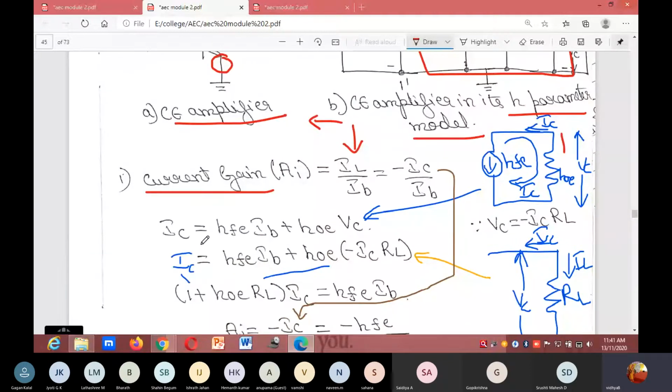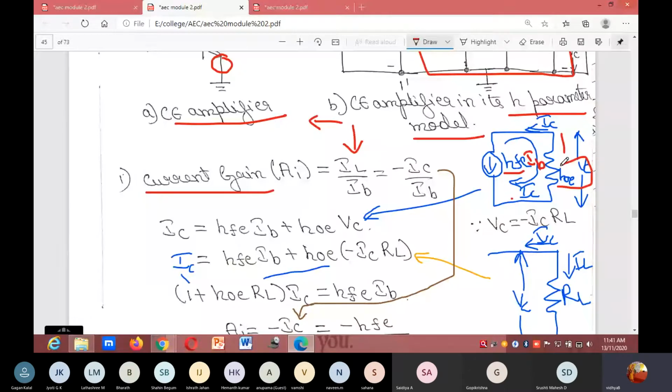Next, IC: you can see in this diagram, when you apply the loop, IC is equal to hfe into IB plus hoe into VC.